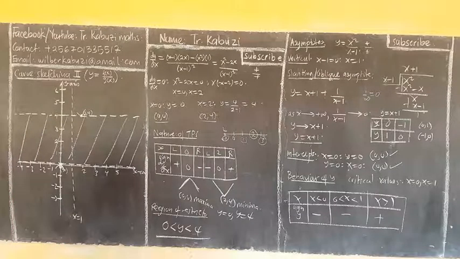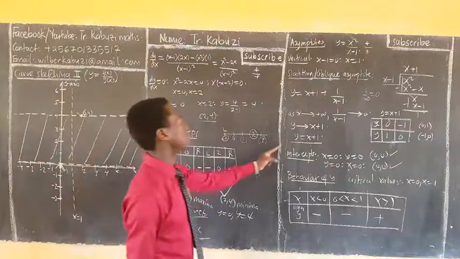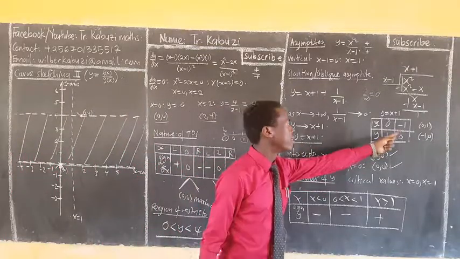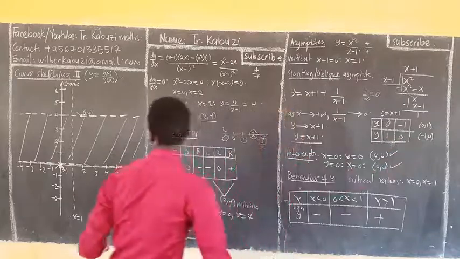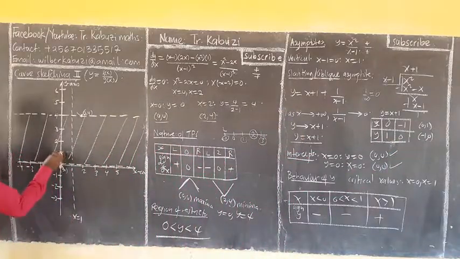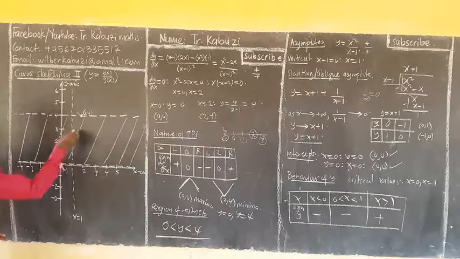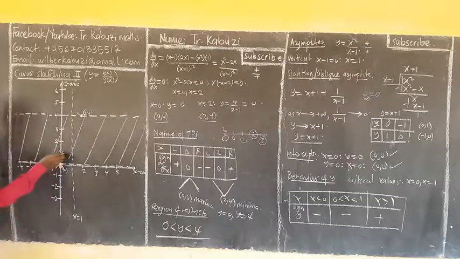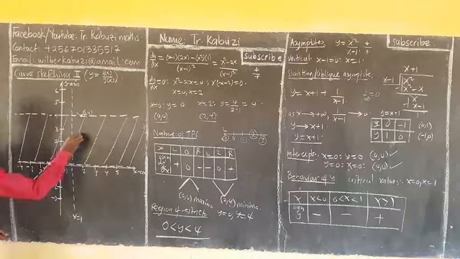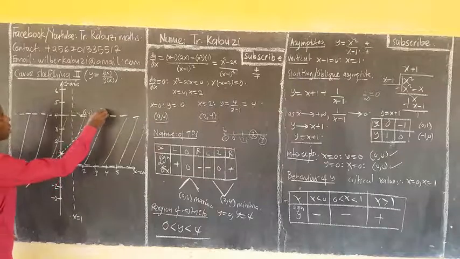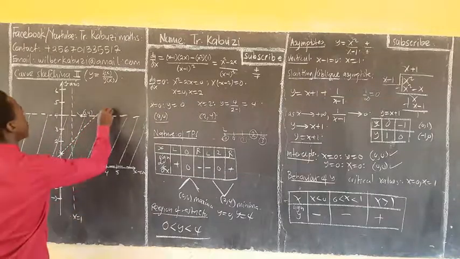Then what else? We also add the slanting asymptote, which is y equal to x plus 1. So we have 0, 1 here, and then negative 1, 0, which is here. So this is a line, an asymptote, and we use dotted lines because it's an asymptote. You get your ruler and you plot it like this.